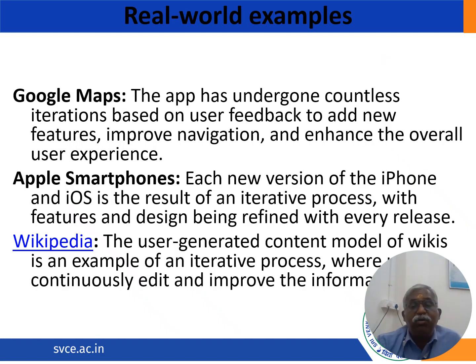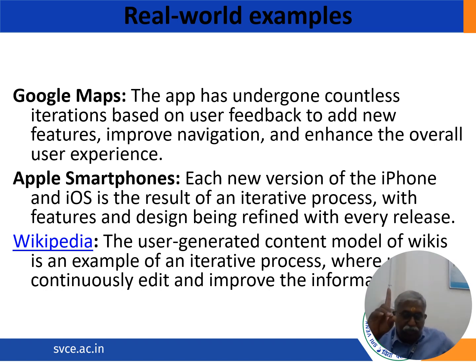Now, we have some suitable successful examples. Google Map. What is the specialty of Google Map? If I want to go to a particular area, we mention the destination, and from our current location, we need to move.